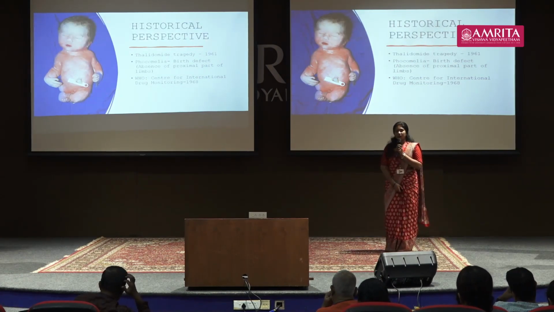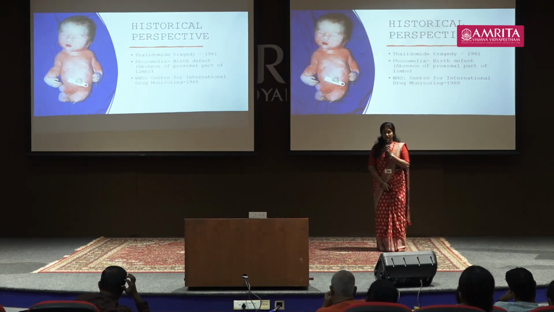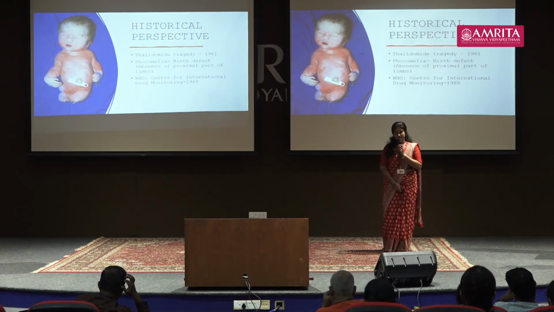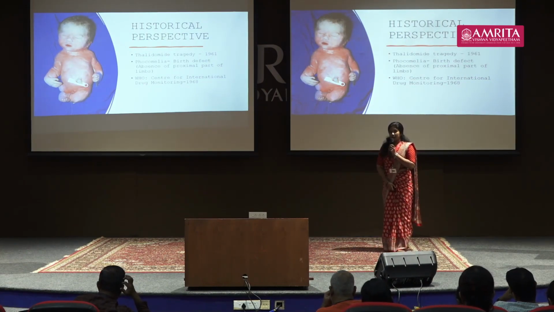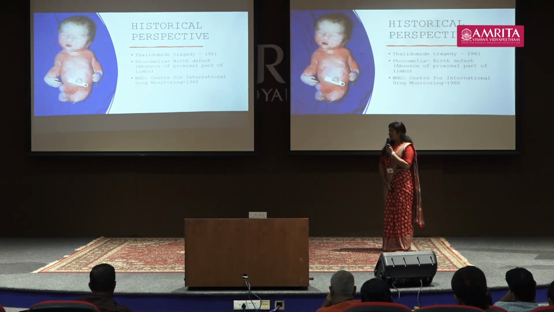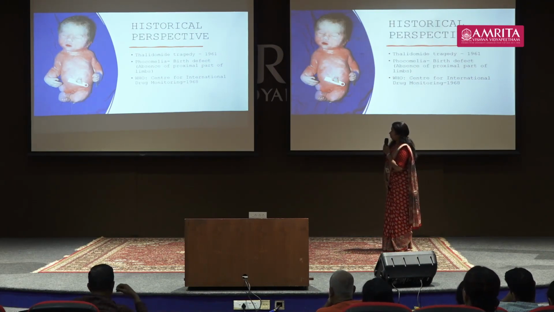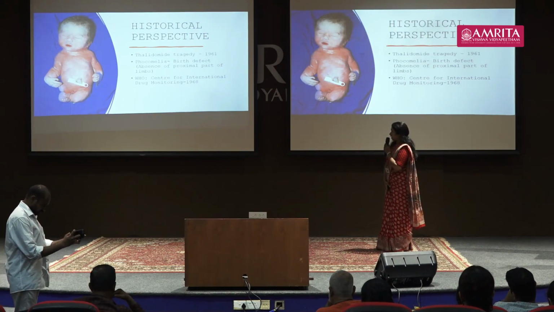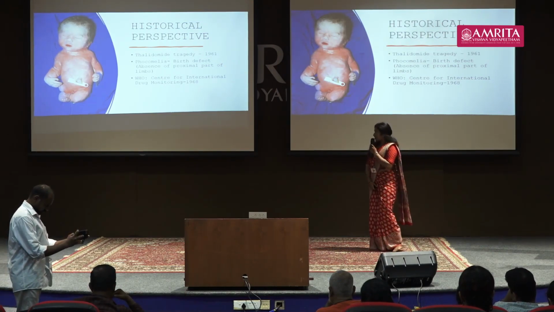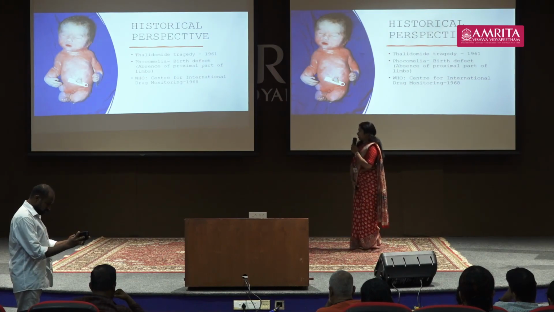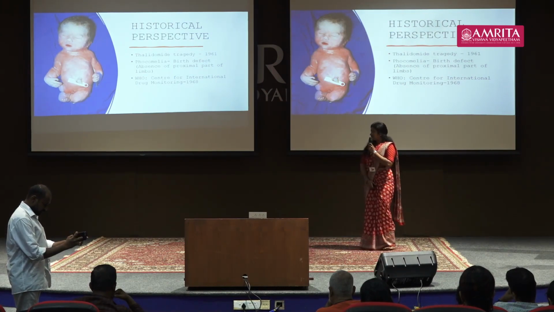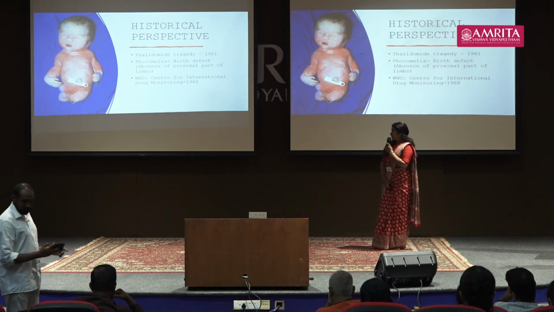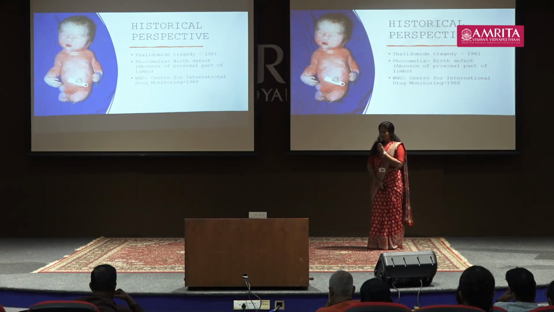This thalidomide was a drug which is given for the nausea in pregnancy, and the babies were born with a birth defect known as phocomelia. It was because of a side effect due to the usage of thalidomide. So the phocomelia is a condition where, like, the congenital deformity with the absence of a proximal part of limbs.